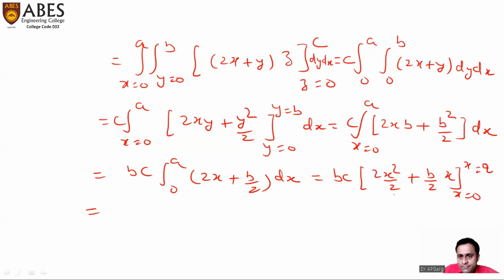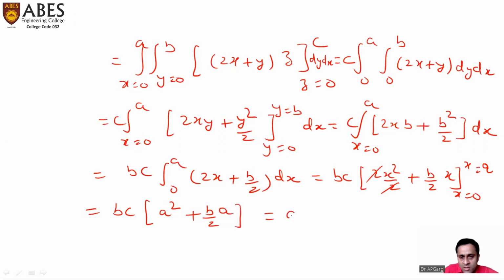So the result will be, 2 will be cancelled out, and upper limit a square minus 0, lower limit, plus b by 2, x will be a minus 0, that is a.